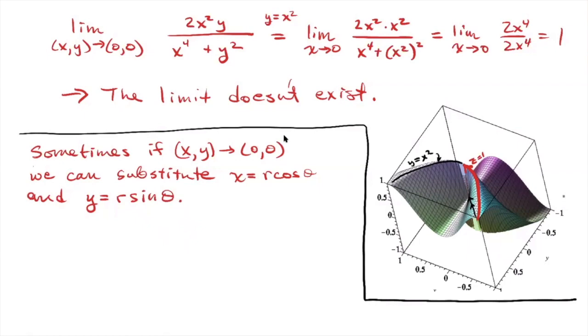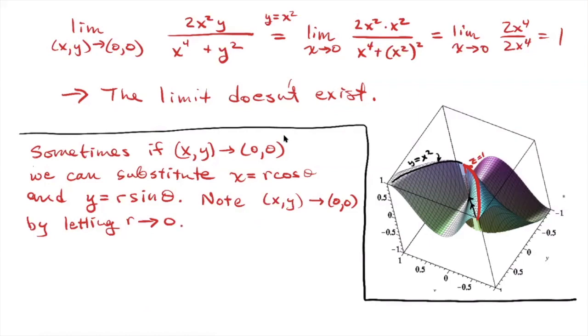Note x, y will approach 0, 0 by letting r go to 0. Any curve can be covered this way by allowing theta to continue to vary.